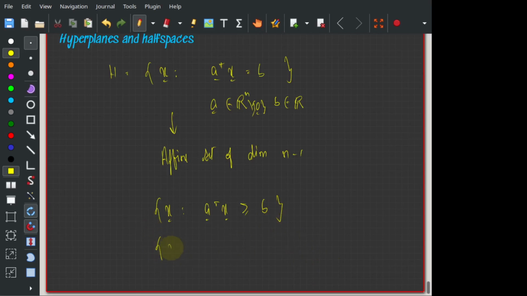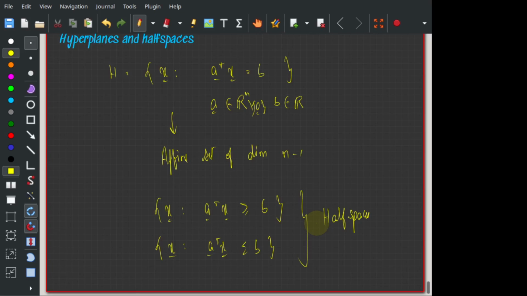I can construct another set, X such that A transpose X is less than or equal to B. And these two are called half spaces. These are basically the kind of sets that you get by imposing linear constraints on your system.